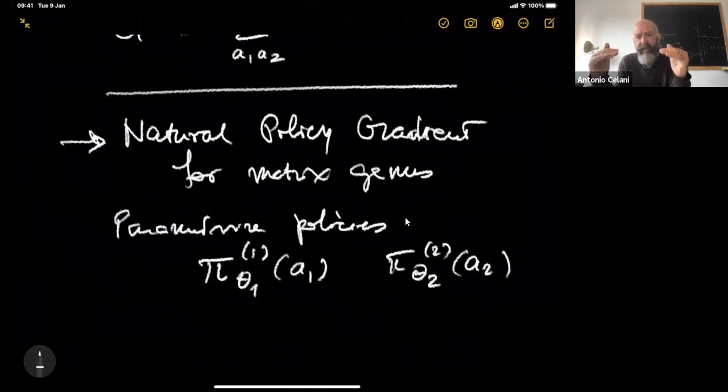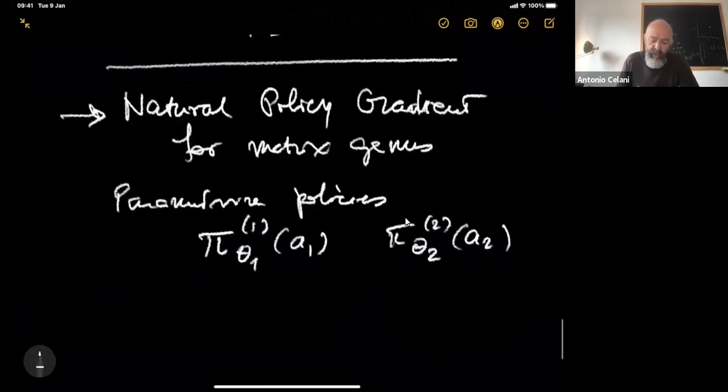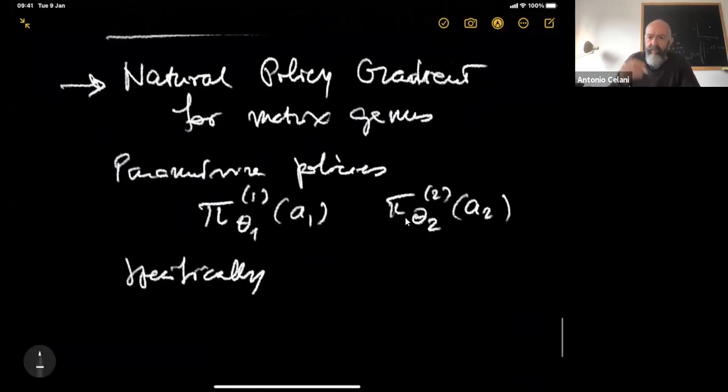You have to have a parameterized policy, and you want to seek this in the space of parameters. In this particular case, we will choose, specifically, we choose, this works in general for a fixed number of actions, the same for both agents. So for any square matrix game, need not be 2, but of course applies also to 2.